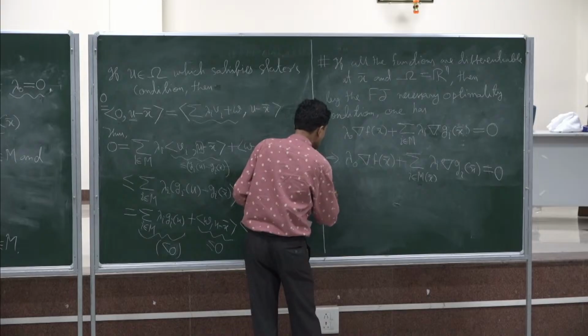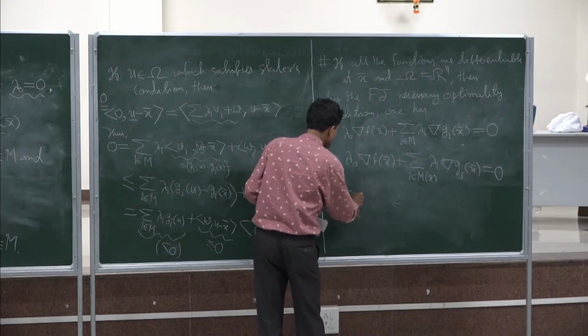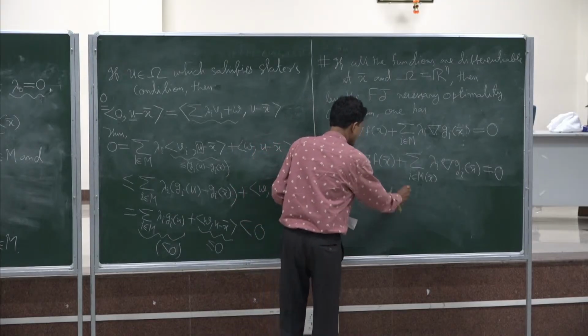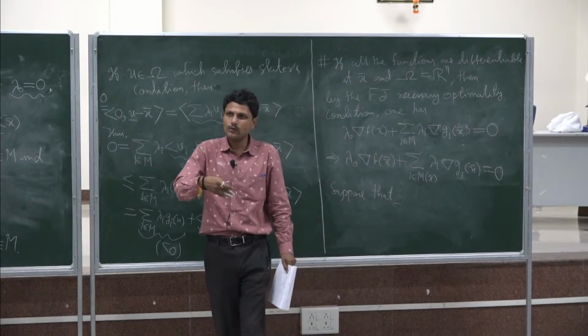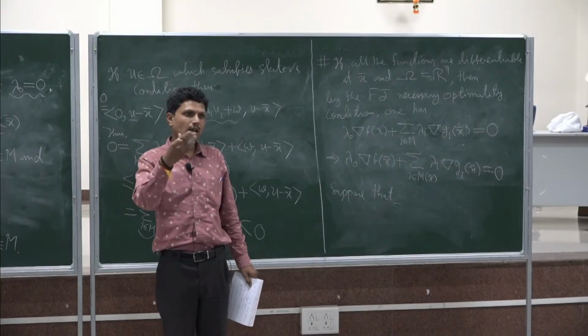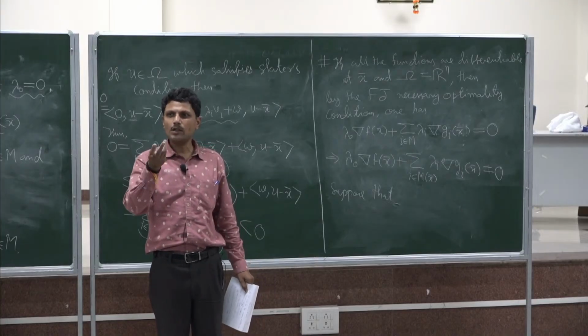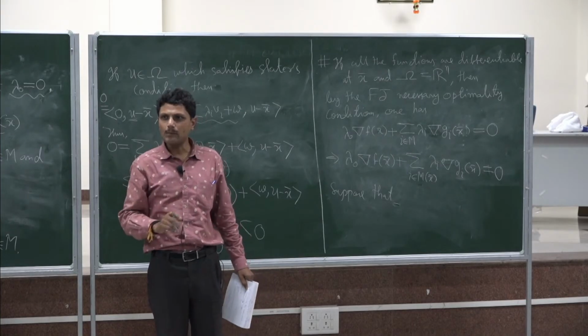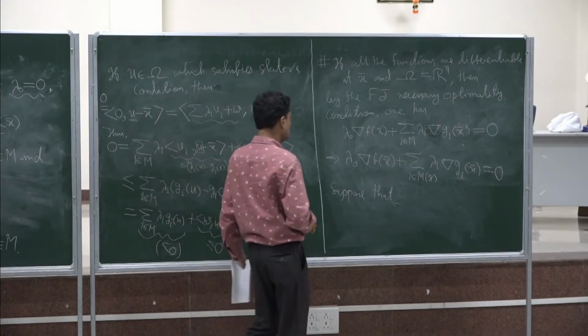Now what will be the assumption? We will see. Again we are approaching from the Fritz John type optimality condition and trying to find a condition which will guarantee that this lambda naught will not be equal to 0.